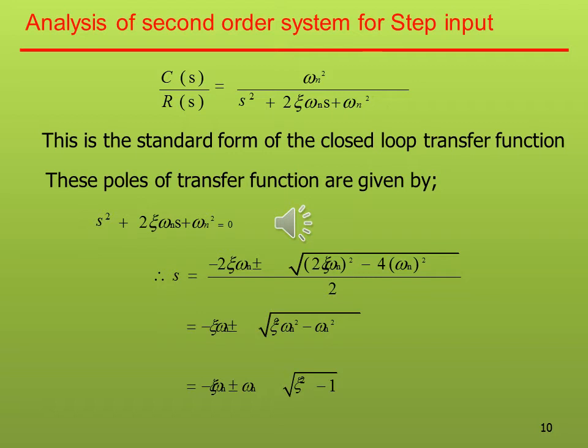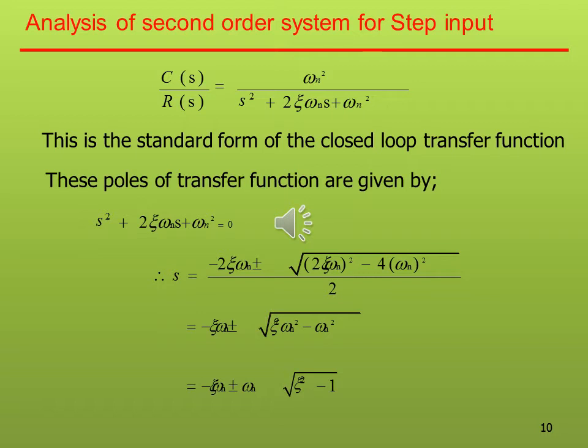So here a is the coefficient of s square, that is 1. B is the coefficient of s, that is 2 zeta omega n, and c is the coefficient of omega n square, that is 1.